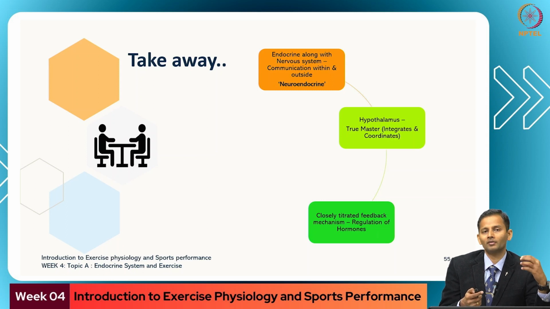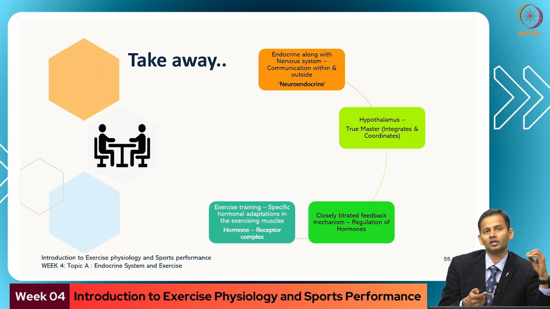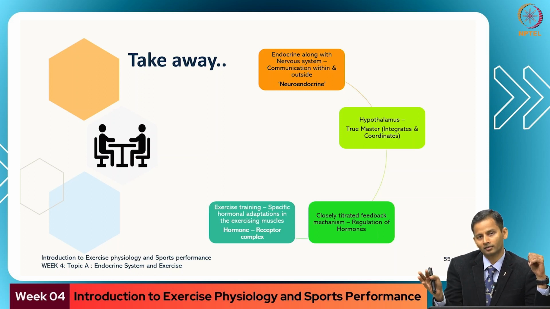So thereby you have a very specific effect through the target organ. The hormone, even though it is secreted in the blood at a very distant or remote place, still finds its way to the target site.